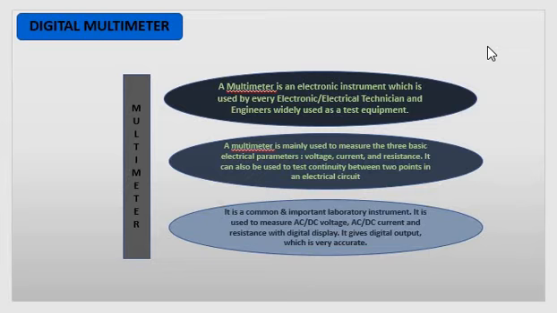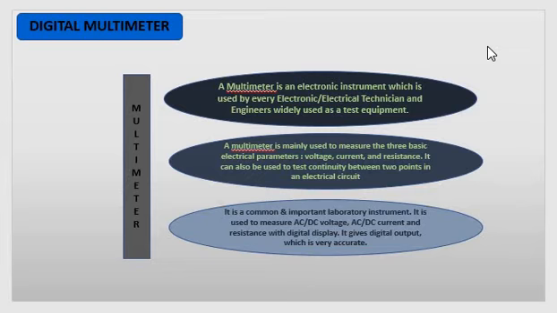The digital multimeter gives digital output and the analog multimeter gives analog output, but the digital multimeter is very accurate. We can say it is a test tool used to measure the important electrical values of voltage, current and resistance, and it is a standard diagnostic tool for technicians in the electrical or electronic industries.